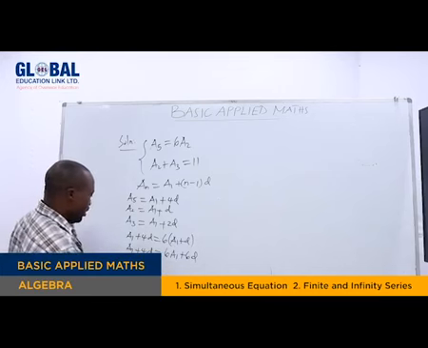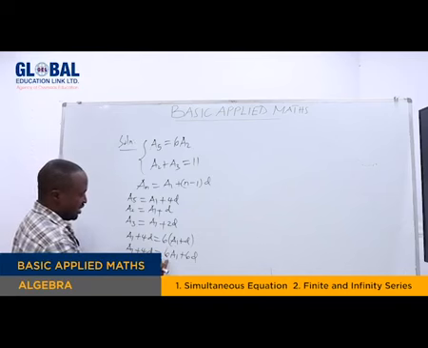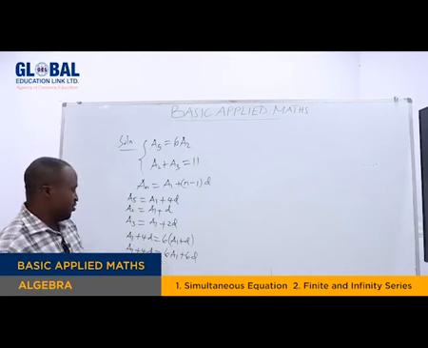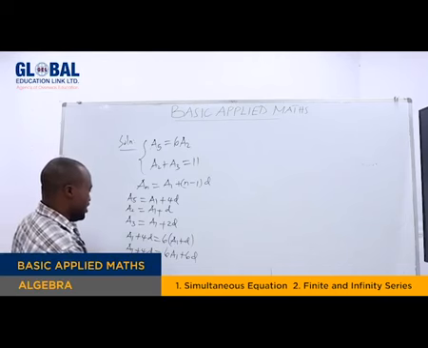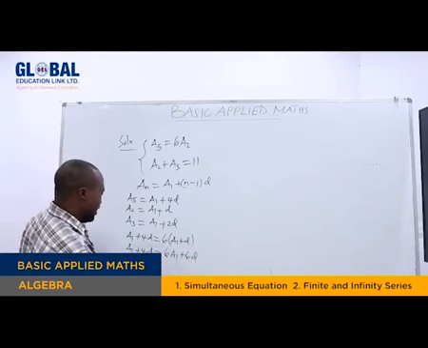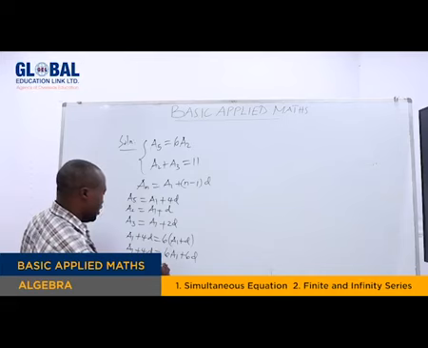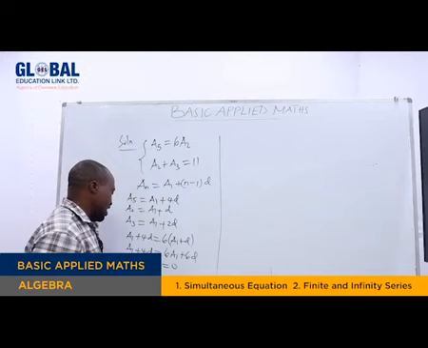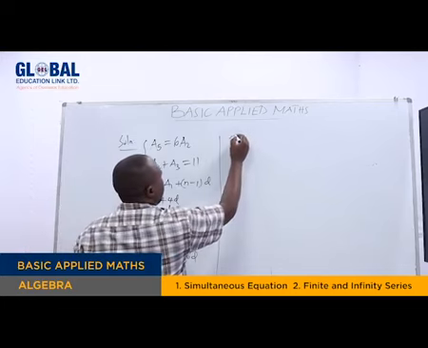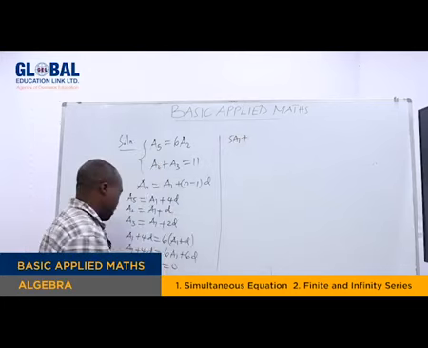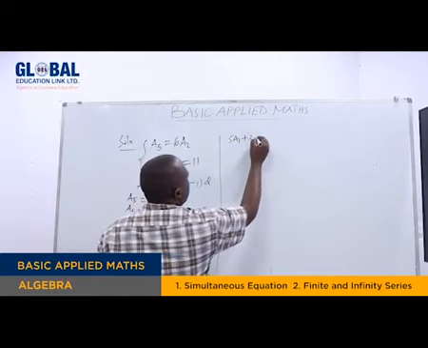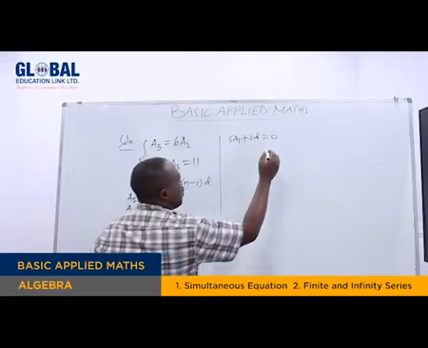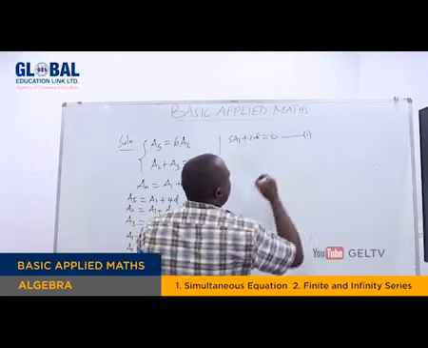For a1 it will be a1 minus 6a1, that is negative 5a1. For d, we have 4d minus 6d, that is negative 2d. This is equal to 0. Or the equation can be written as 5a1 plus 2d is equal to 0. My dear student, call this equation 1.